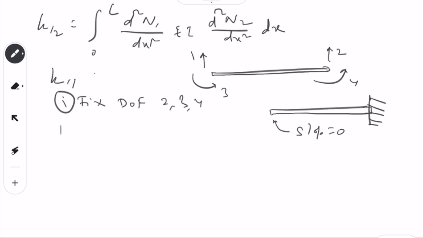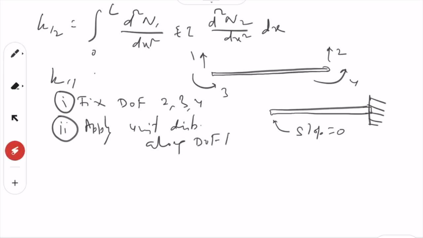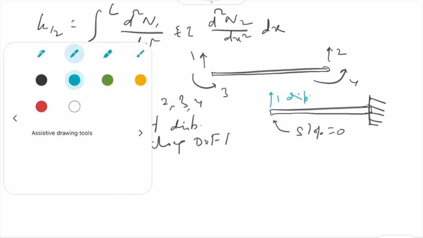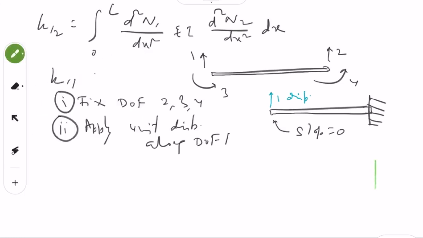And number 2, apply unit displacement along degree of freedom 1. So here you are going to give just one displacement. How will it look? It will look something like this.